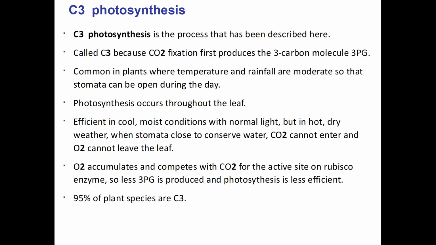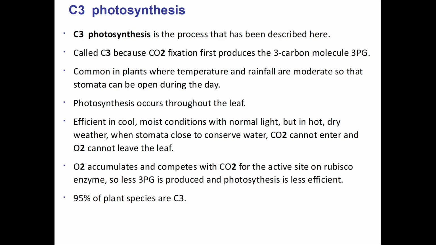Another problem with having to have the stomata closed a lot in the C3 plants is that rubisco is actually not that specific to CO2. It'll bind with O2. And when it binds with oxygen, it's not binding with CO2, obviously, and so it's not actually doing its job.